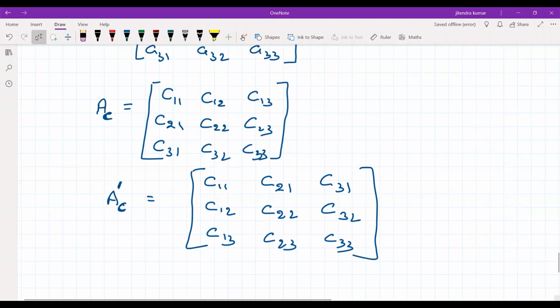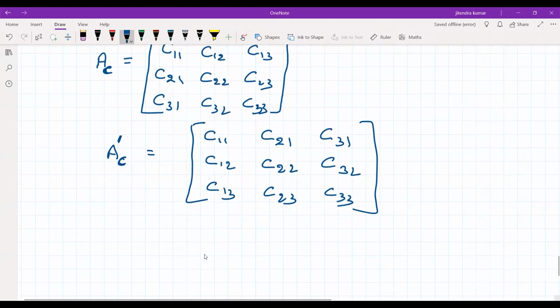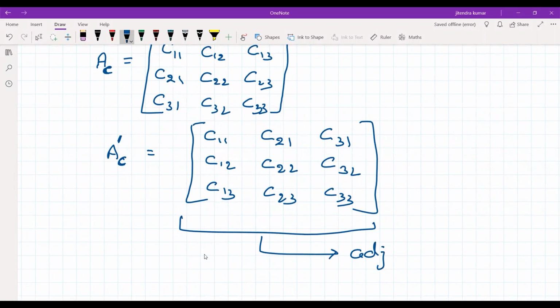So the final matrix that we are getting here is called the adjoint, written as ADJ of A. Okay, so this means adjoint of A. In this way we will find the adjoint of any matrix.